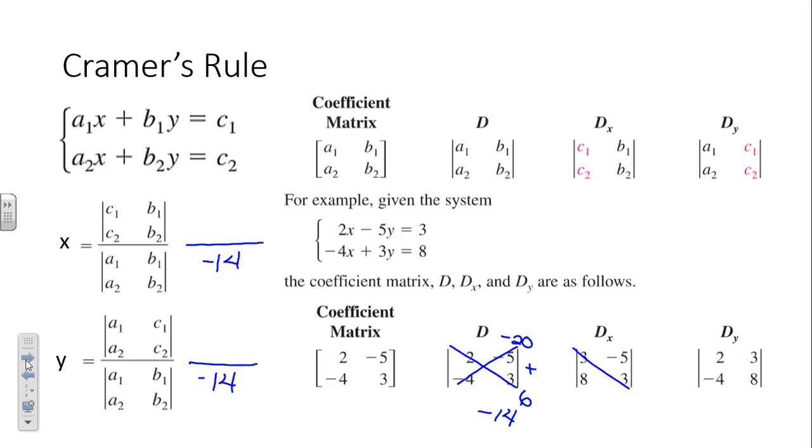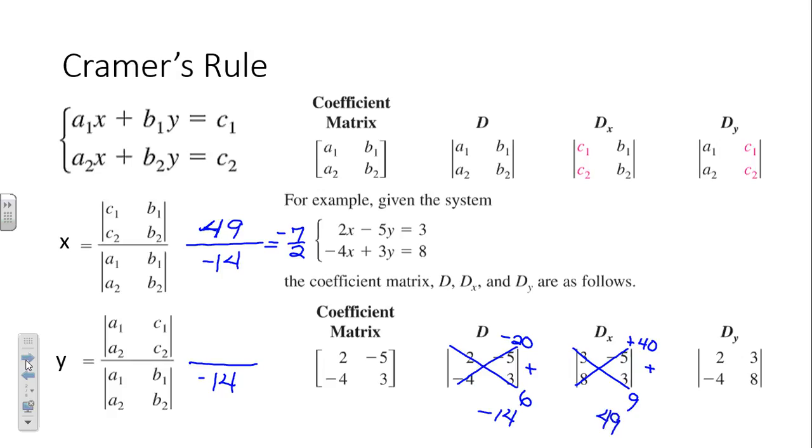So 3 times 3, and 8 times negative 5, negative 40, change the sign, and add. So 49 is the determinant with the x's replaced. What is 49 over 14 going to reduce to? Yep, negative 7/2, negative 3.5. Doesn't matter how you write it.